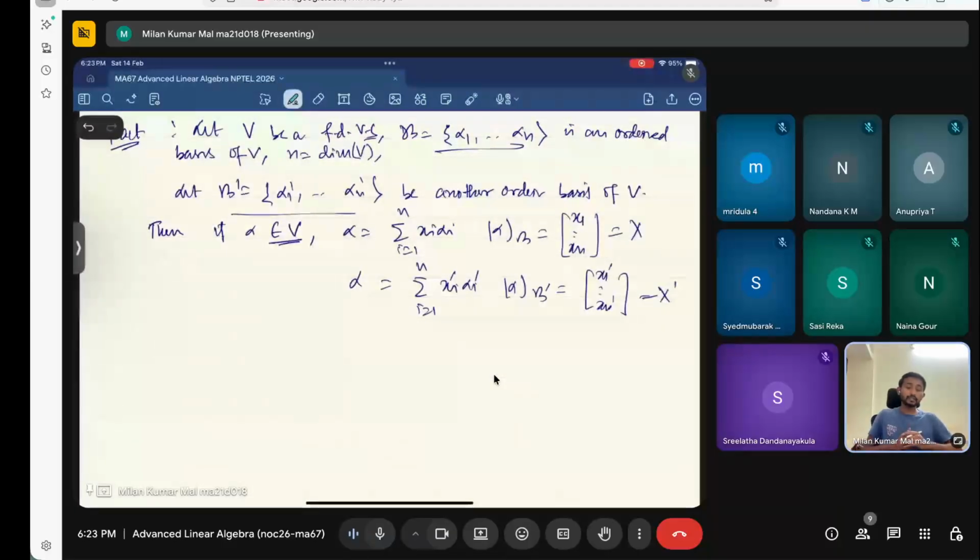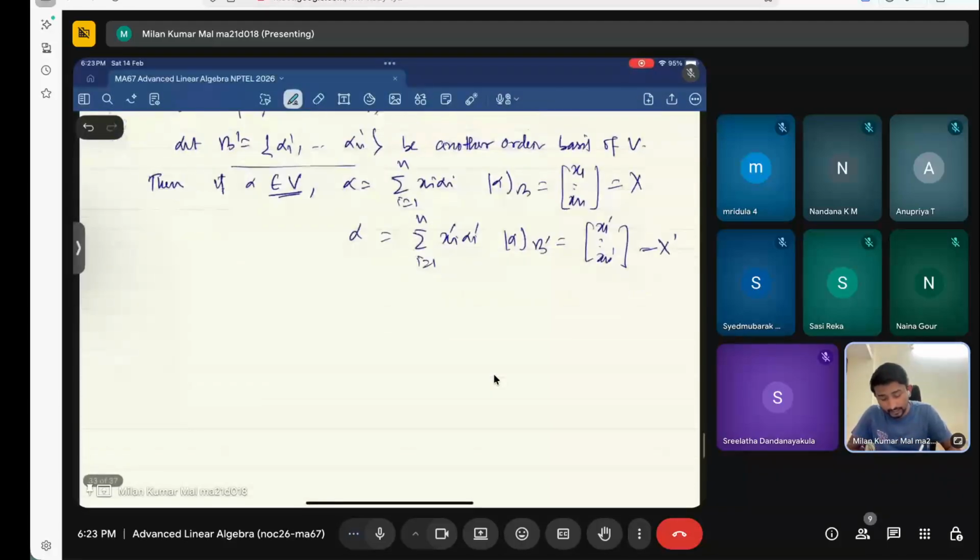Now, what is the relation between these two coordinate vectors? Suppose you have a fixed vector and you are expressing that vector with respect to two different ordered bases. There must be some relation. What is the relation between x and x dash?